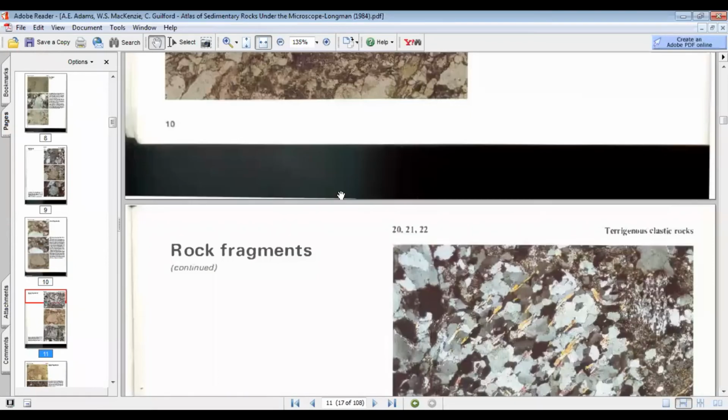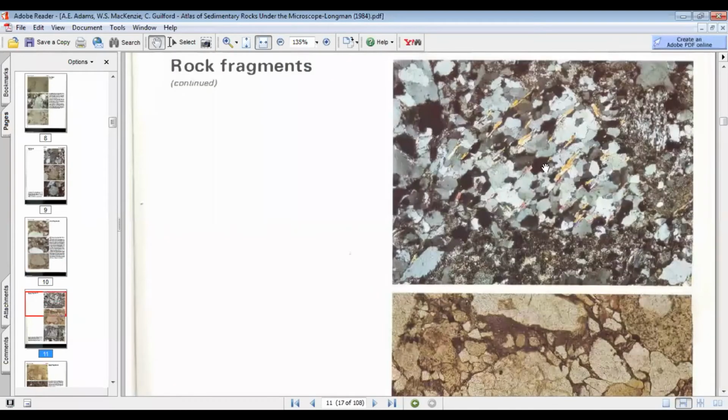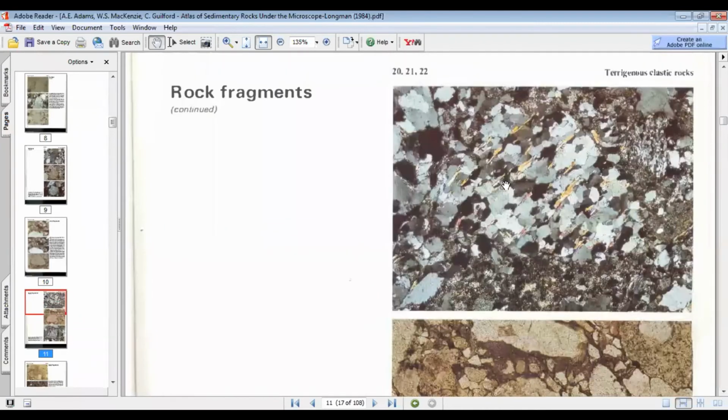Here you can see clearly the thin section in which there are quartz minerals, and there are some small mica flakes bordering these quartz minerals. These quartz grains are bordered by the micas.